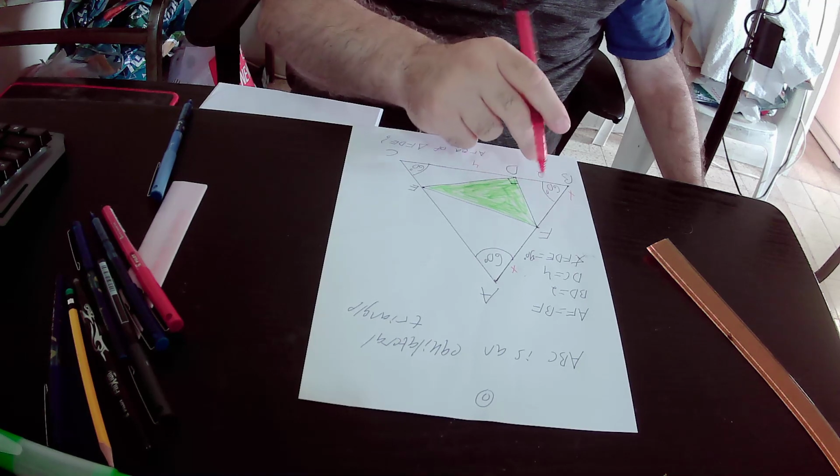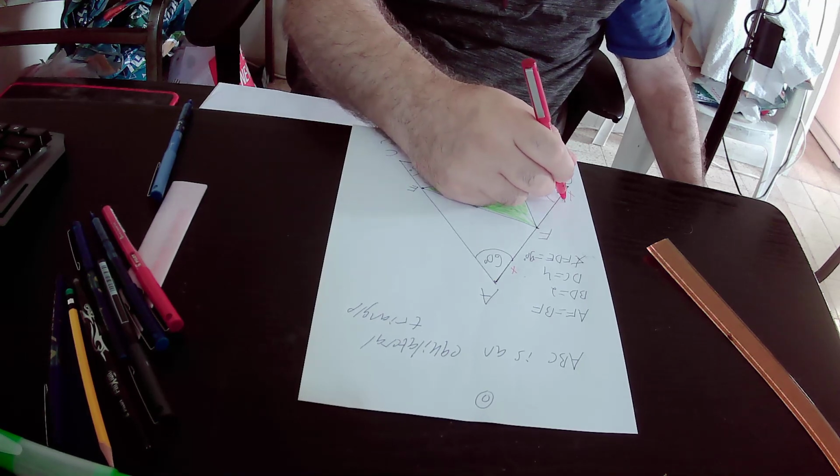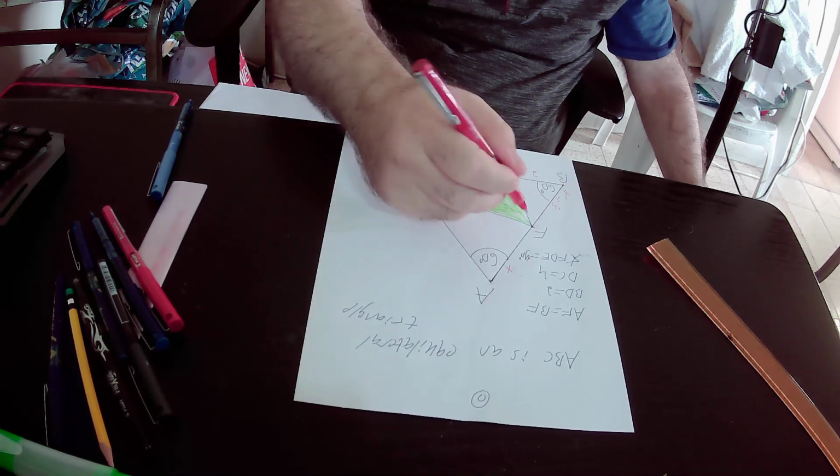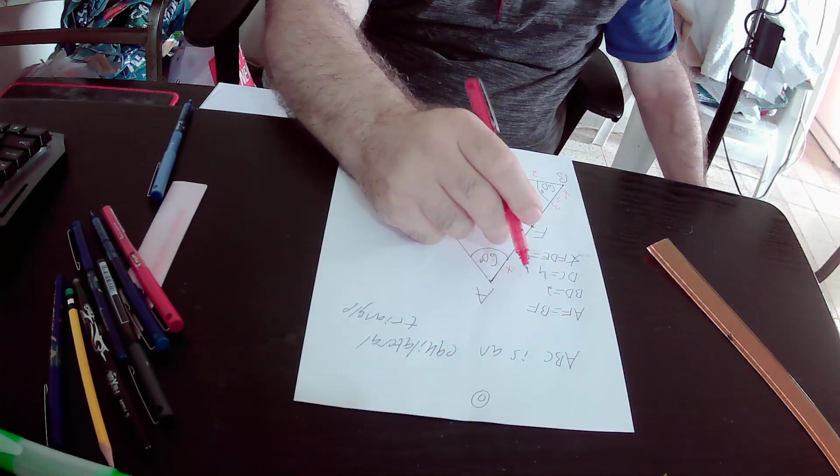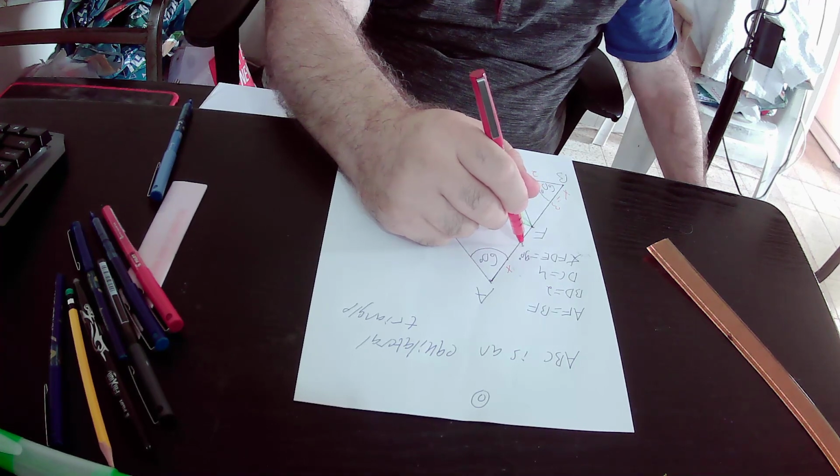So BF equals 3 units, and also AF equals 3 units.